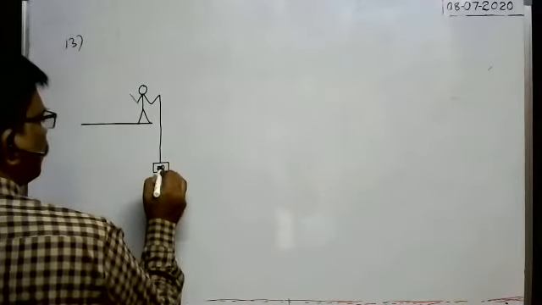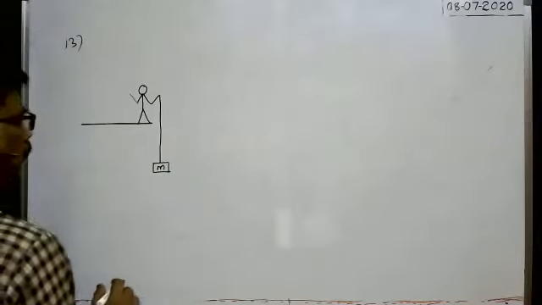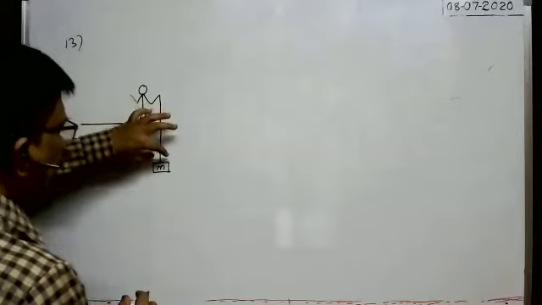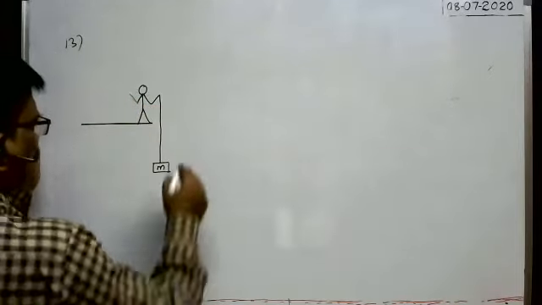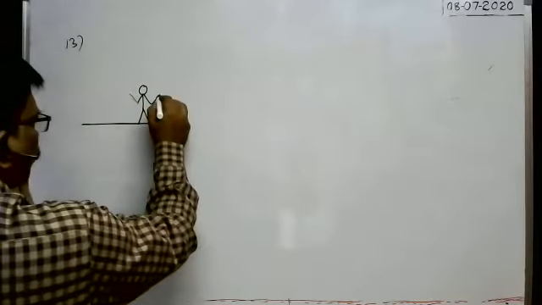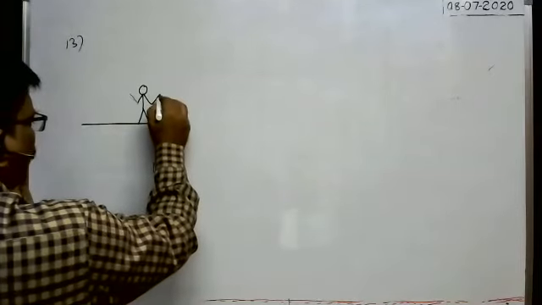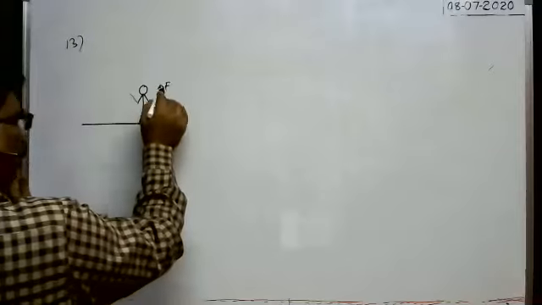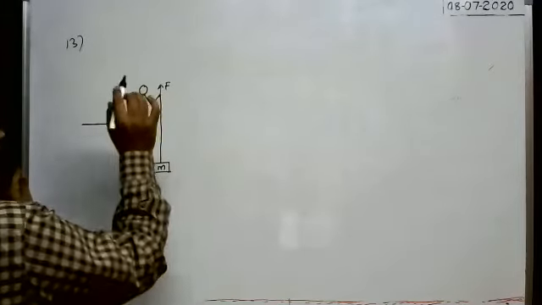The mass of the load is M. He is pulling the load upwards directly by connecting the rope to the load, applying some force in upward direction. By pulling the rope upwards with a force F, the block is pulled upwards.